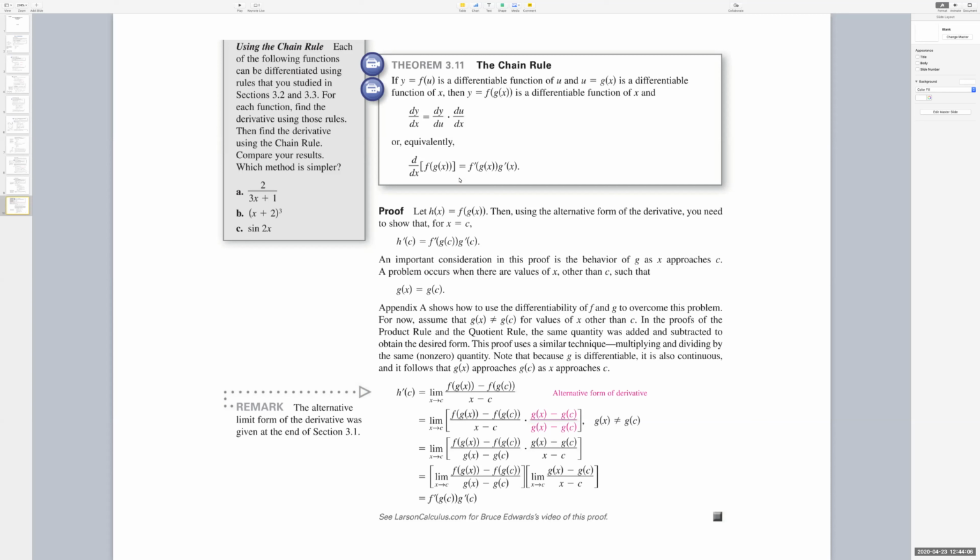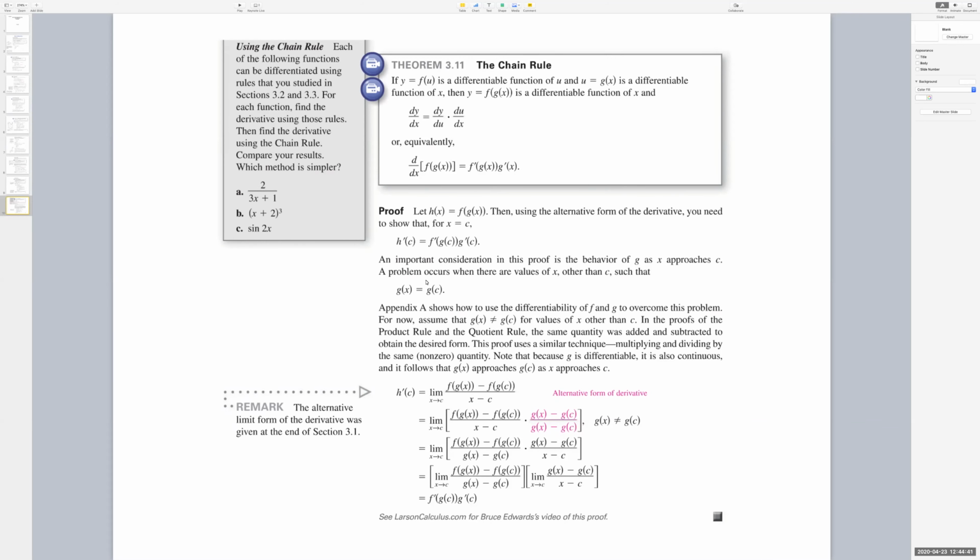In the second way, you can think of the derivative of f of g of x as the derivative of f with respect to g of x, multiplied by the derivative of g with respect to x. So the key here is to identify u, find f prime of u, and then find g prime of x.